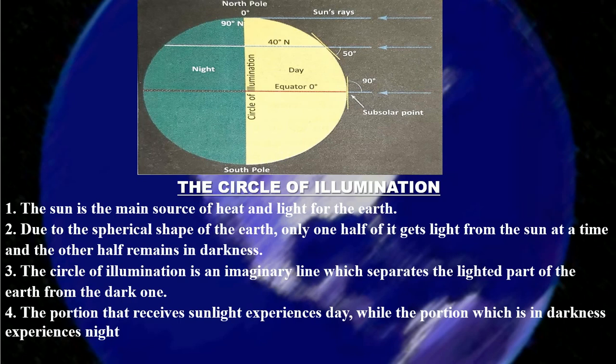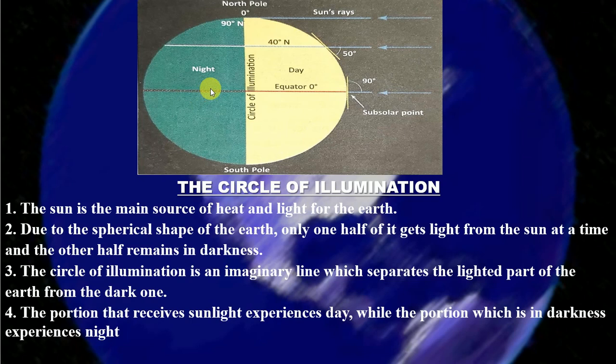See, we have always known the fact that the sun is the main source of heat and light for the earth, isn't it? So, due to the spherical shape of the earth, as you can see, only one half of it gets light from the sun. Suppose the sun is on this side. So what will happen? Will the rays of the sun reach the next side?